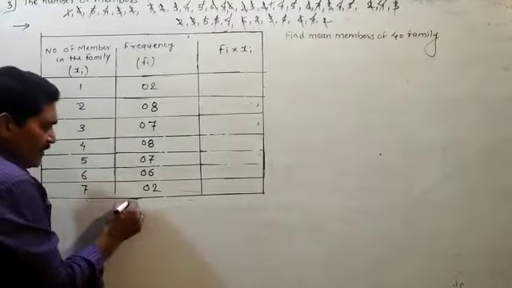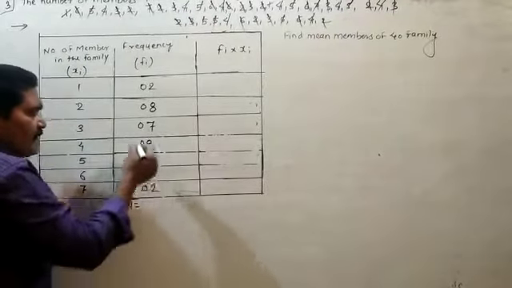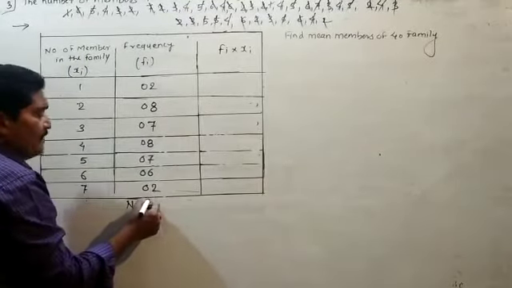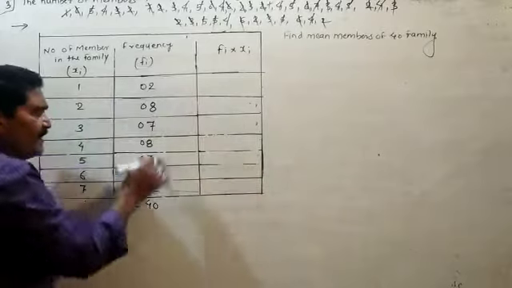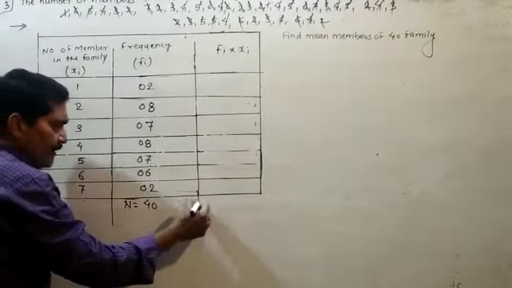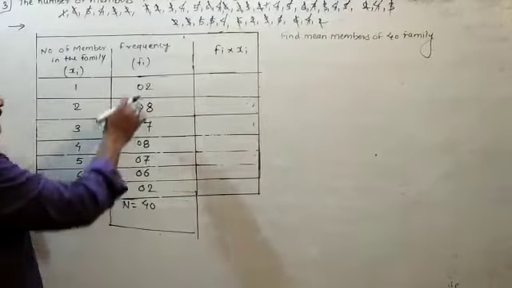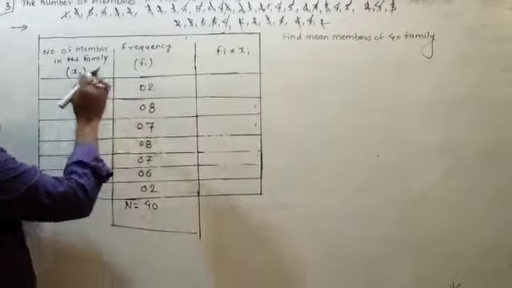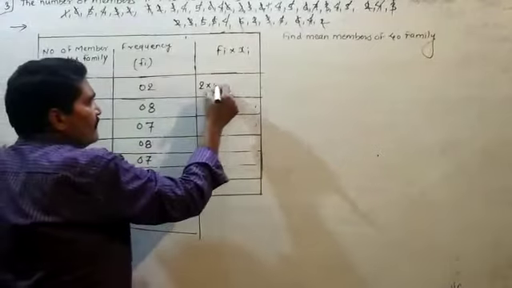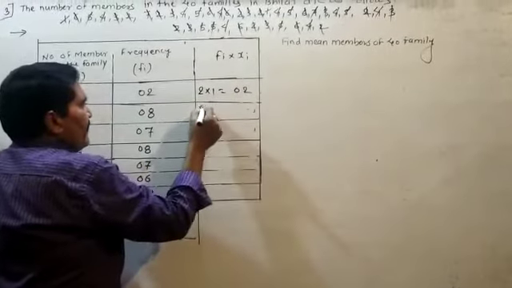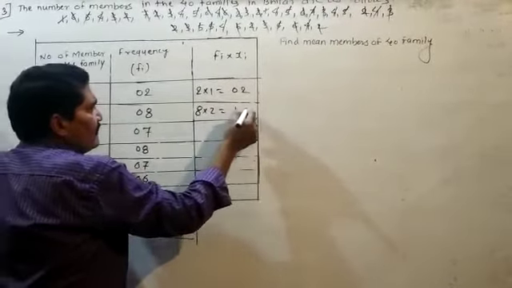You have to find out n. n is equal to the sum of this. If we do the sum, this is the data of 40 families, so this addition has to come 40. Then you have to find out fi into xi. This is the fi, this is the xi. 2 into 1 is equal to 2. 8 into 2 is equal to 16.